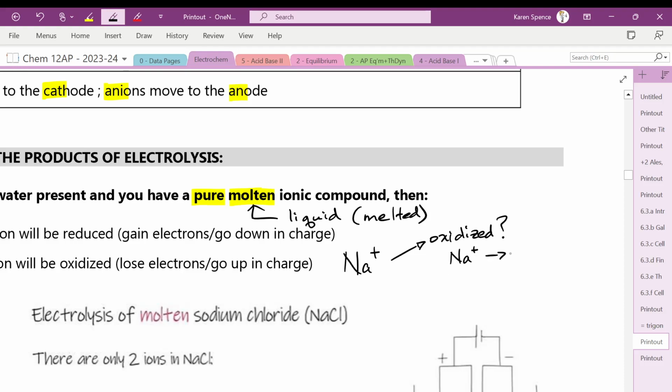Na plus goes to Na 2 plus plus an electron. Are we happy with that? That looks weird. Yes, it should look weird. It doesn't happen. Okay? Does not happen. No.